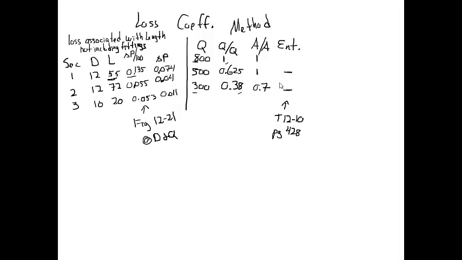Here in table 12.10, you're going to see a diagram, and the diagram has on it coefficients associated with this angle theta, the angle that's made in this entrance. Since we're dealing with an abrupt entrance, we have an angle theta of 180 degrees.